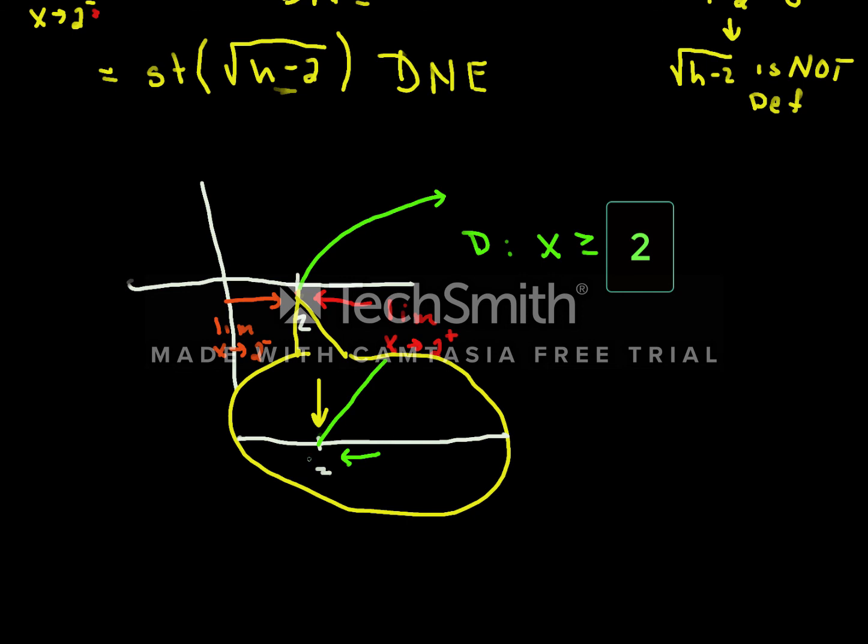But again, I can't even ask what my function is doing if I come from this direction. There's no graph over here. There's nothing that can be done. And so, again, we say that the right-hand limit exists, and it's equal to 0, and the left-hand limit does not exist, period.